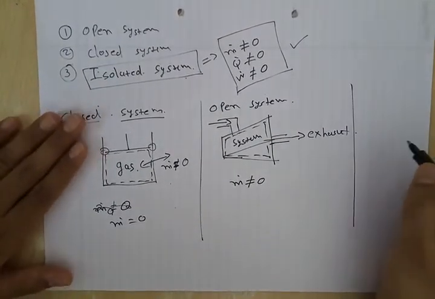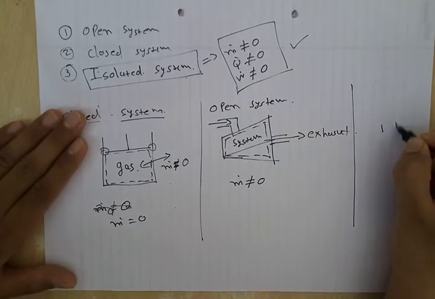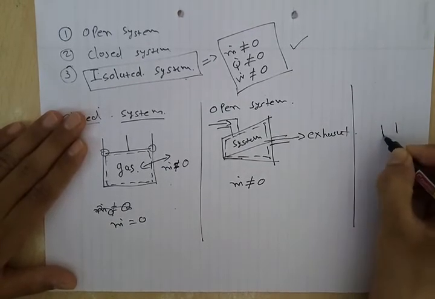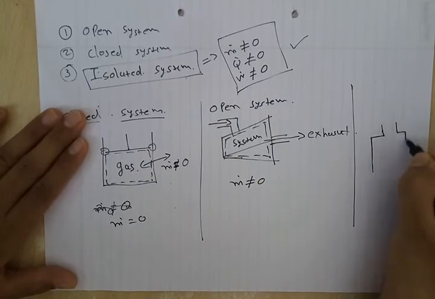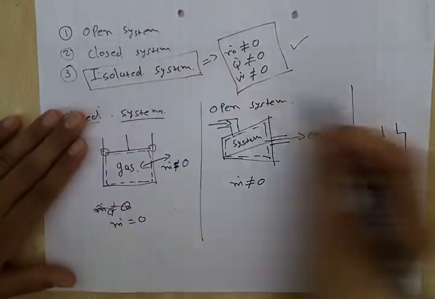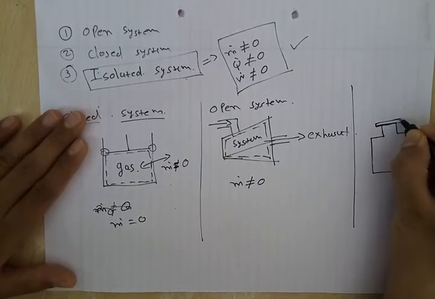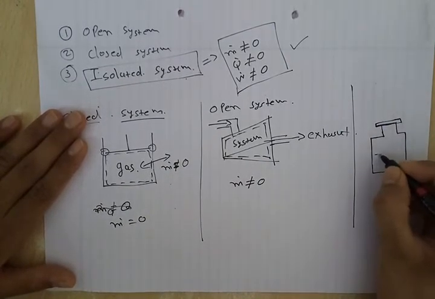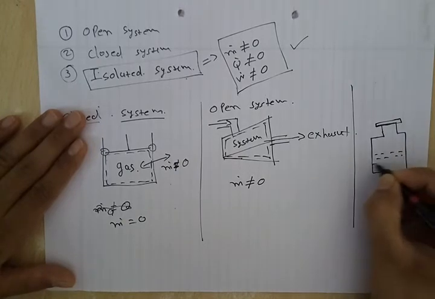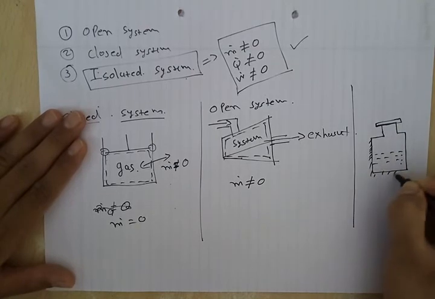So we can say that our thermos is closely approximated as this type of isolated system. Let us say our thermos is closed and it is filled with hot tea, and outside wall is insulated.